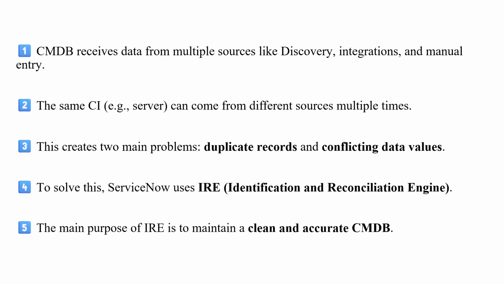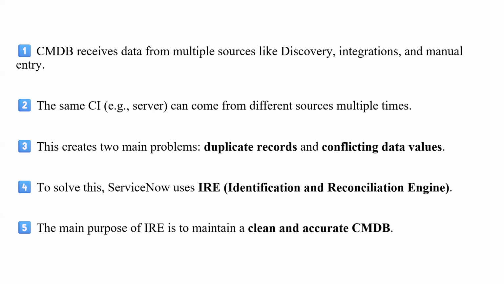Just like the human brain processes different inputs and decides what is correct, IRE acts as the brain of the CMDB. We can consider IRE as the brain because the brain processes different inputs and decides what is correct.